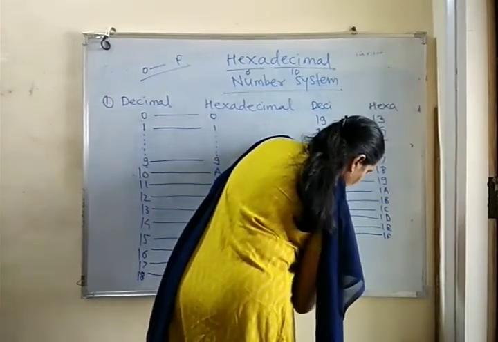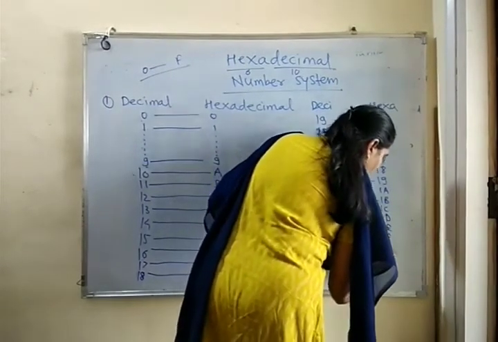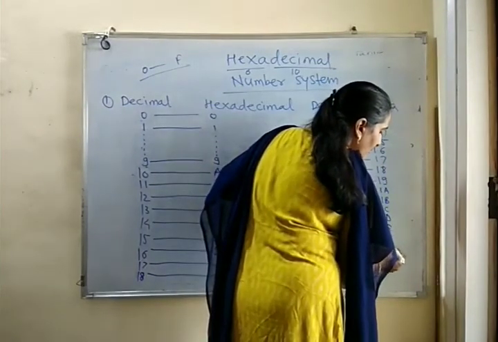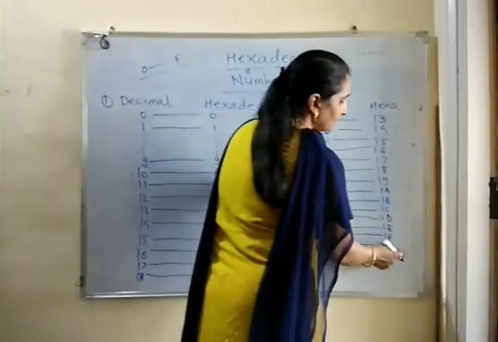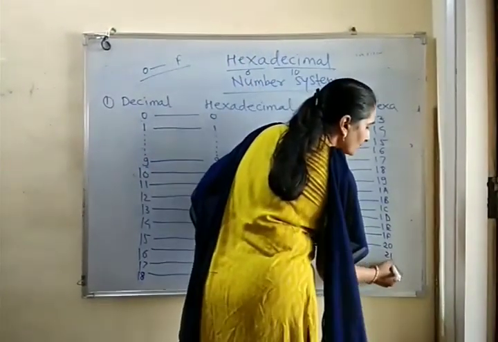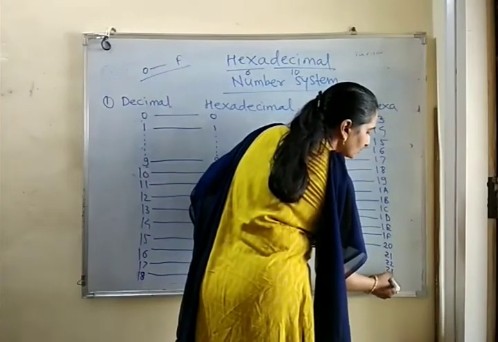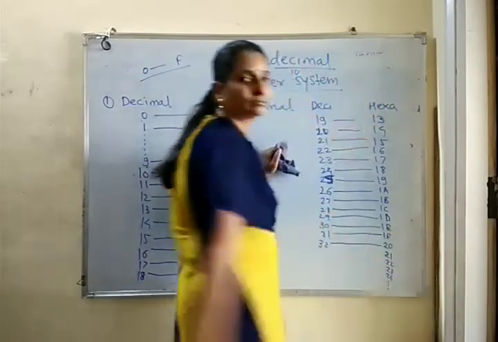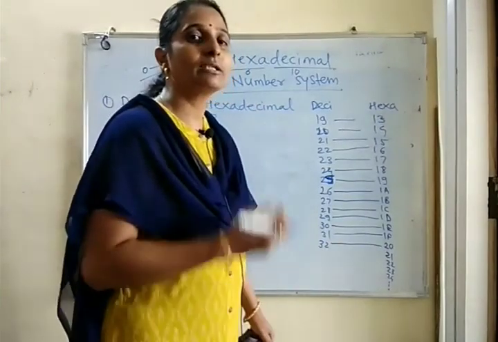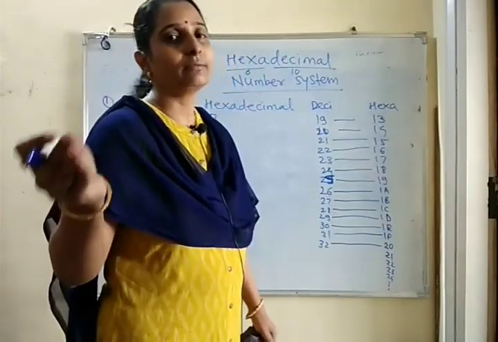Now 32. How to represent 32? F is completed. After that you put 2 after the 1, and after F it starts again from 0. So 2 0, 2 1, 2 2, 2 3, 2 4 and so on up to 2F. After that 3 0, 3 1, 3 2 up to 3F and so on.